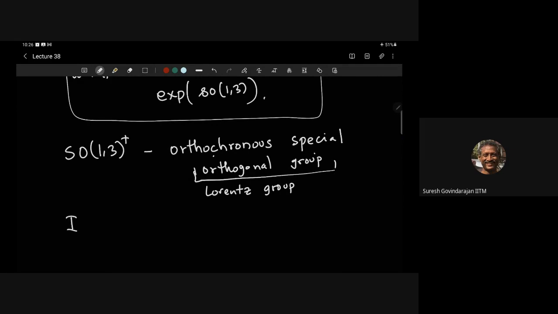So I abuse terminology and refer to SO(1,3)+ as the Lorentz group.